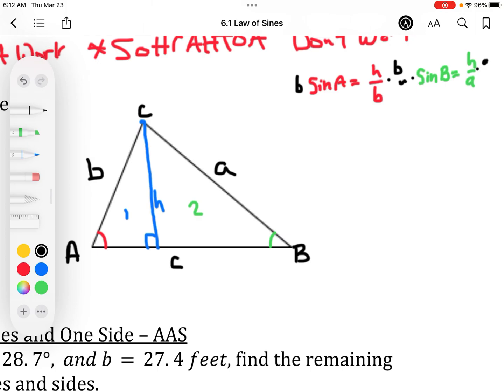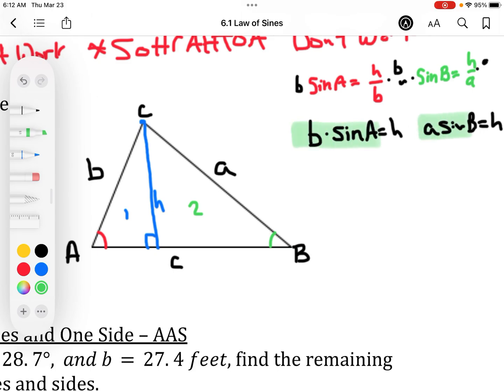H will be the same in both of those statements. Sine of A equals h over b. That's the same h that we use in the second equation, sine of B is h over a. So b times the sine of A is equal to h, but also a times the sine of B is equal to h. What does that mean for us? It means that these two statements are equal because they both equal the same h.